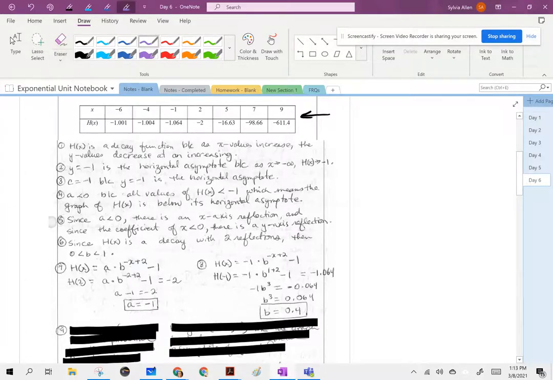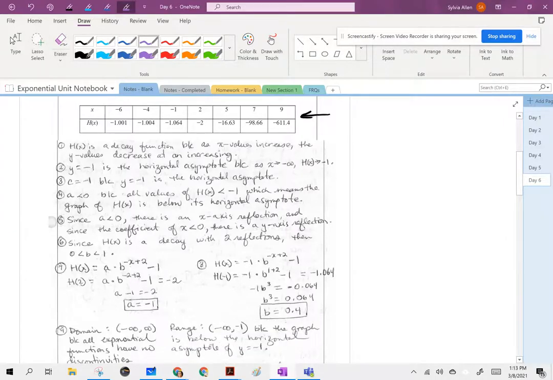Then we can also determine domain and range. We know that domain is all real numbers, and that's what all exponential functions have as the domain. Then we could talk about the range. Well, the range is going to be from -infinity to -1 because the graph is below the horizontal asymptote.